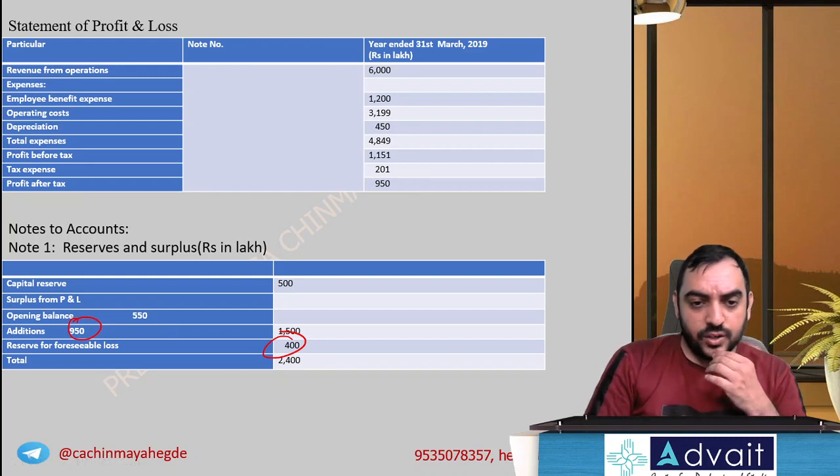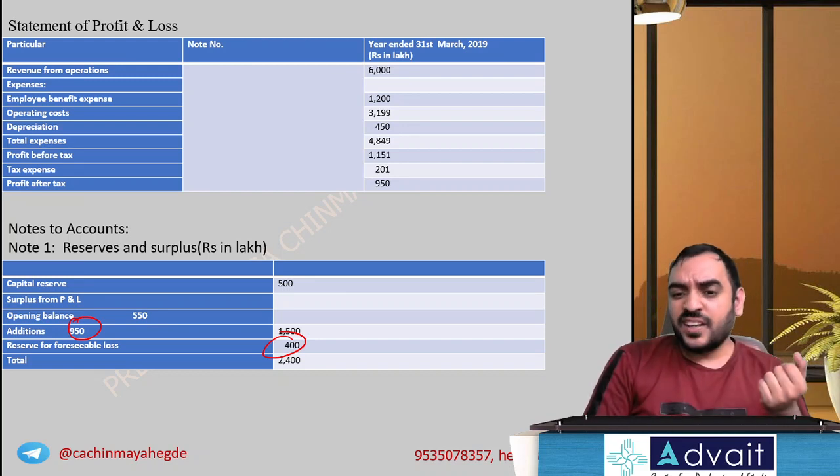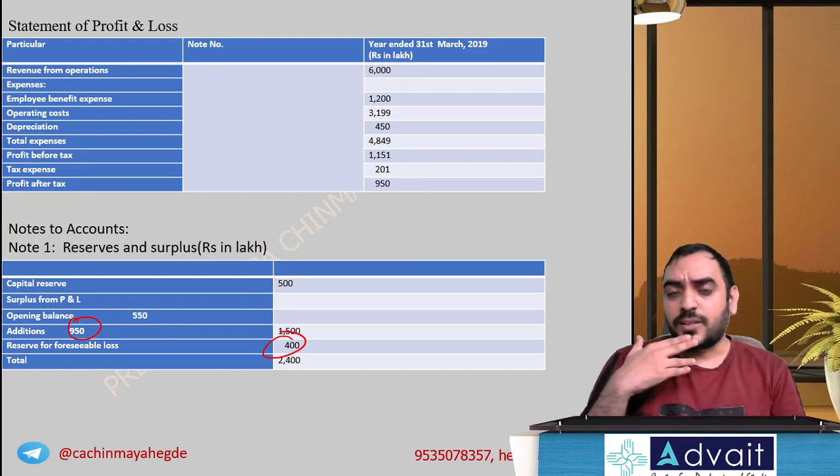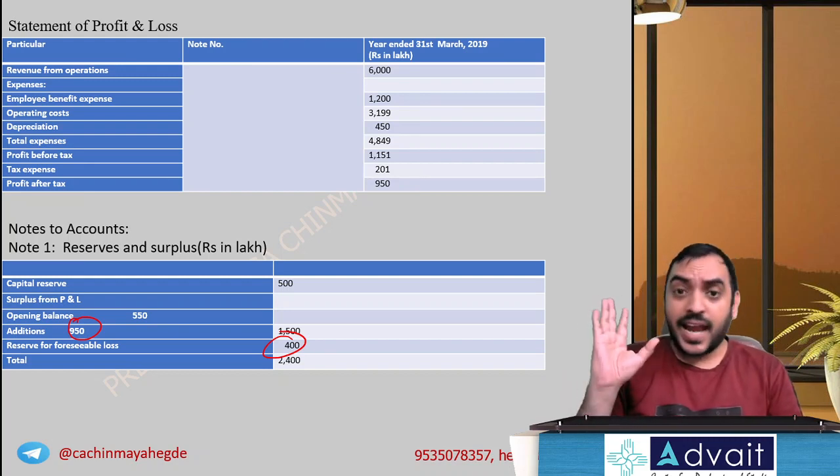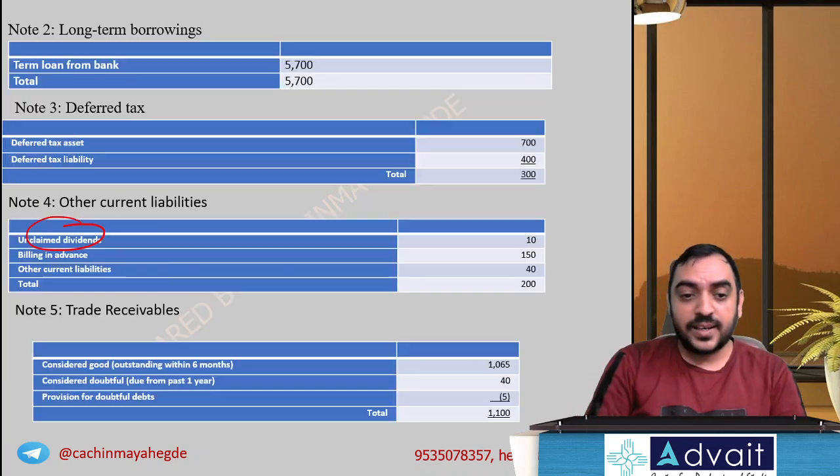Do we have an operating cost format in P&L accounts? No, we don't have an operating cost format, but the institute has also given operating cost. These are all the minimum standard requirements. If you want to add a new line, you can still add it without leaving out any existing line.